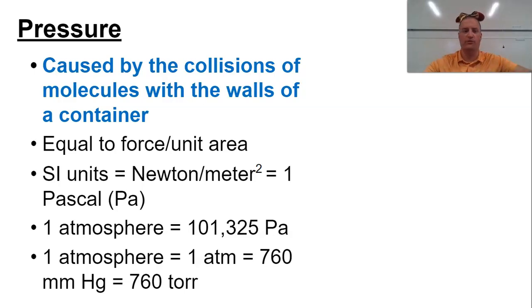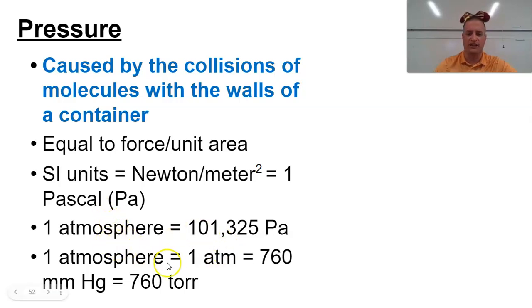Nothing damaging, though, of course. So that's why we think of pressure as equal to force over unit area. We have some units, usually called a Newton per meter squared, and we call those pascals. So they've taken a derived unit, a complex unit, and changed it into a simple one. Science likes doing this, even though it can make things confusing.